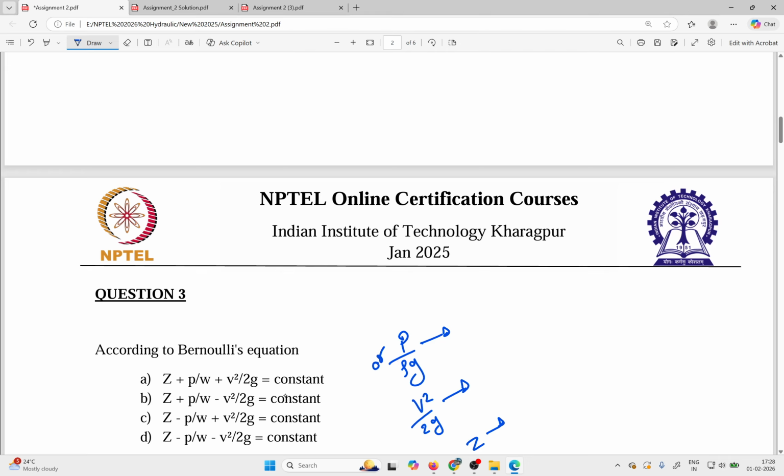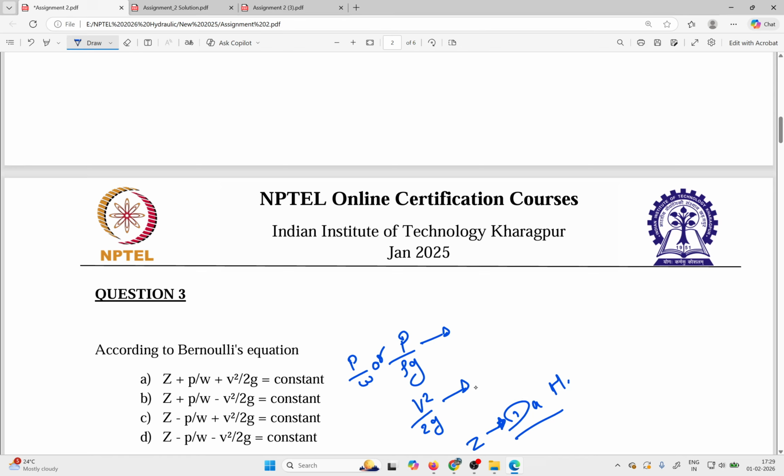In terms of your question, it is P by W. Z you know already, this is a unit of length, meter. P is pressure, rho is density, g you know already, V is velocity, and Z is the datum height.